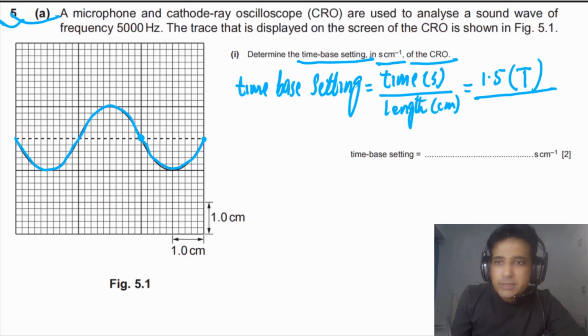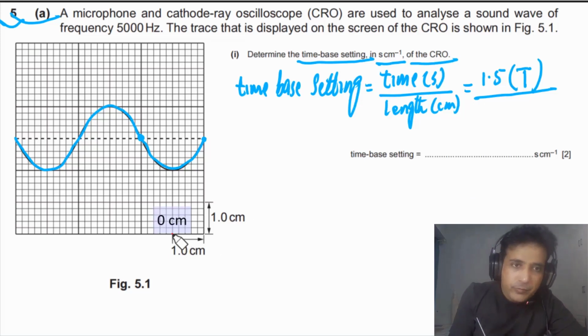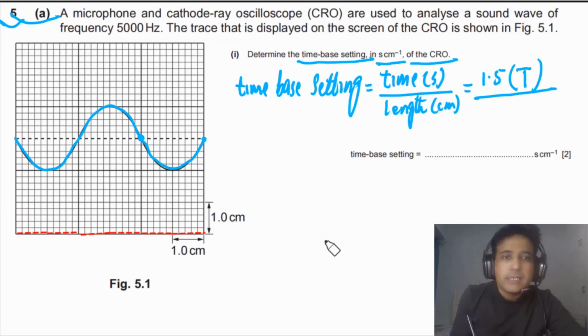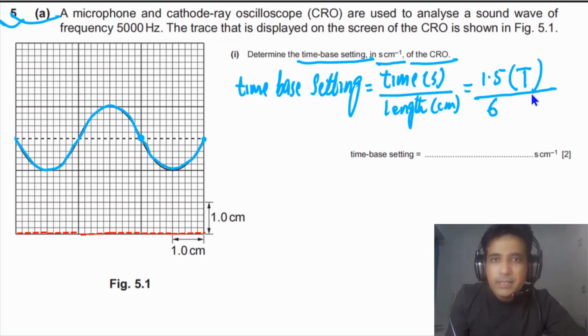If we look at the given scale, this is 1 centimeter. Here we have 2 centimeters, and we have 3 centimeters, 4 centimeters, 5 centimeters, and 6 centimeters. So simply we need to divide this by 6. This time is in seconds, and this is in centimeters.